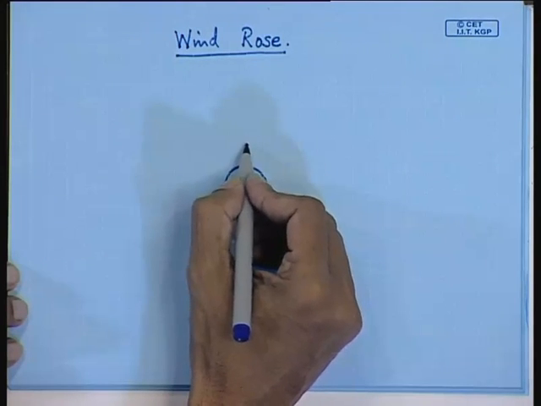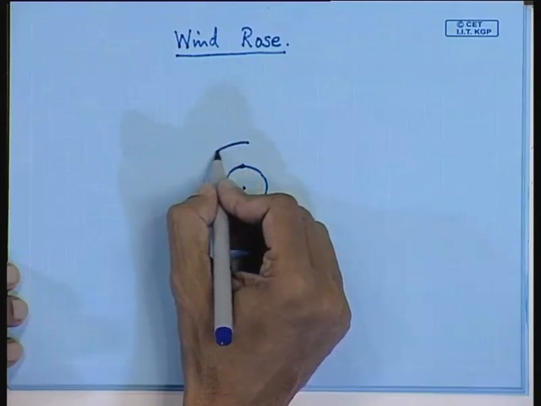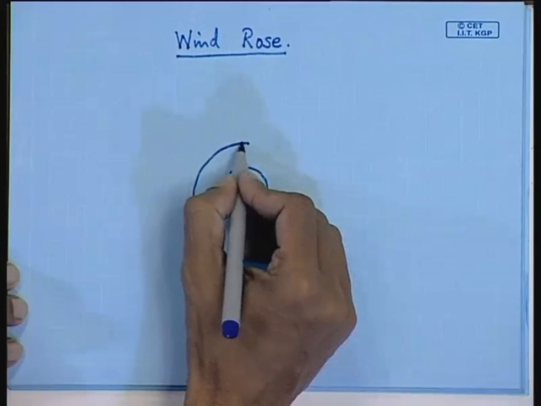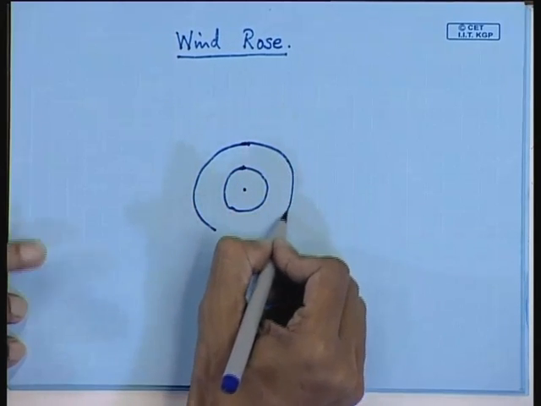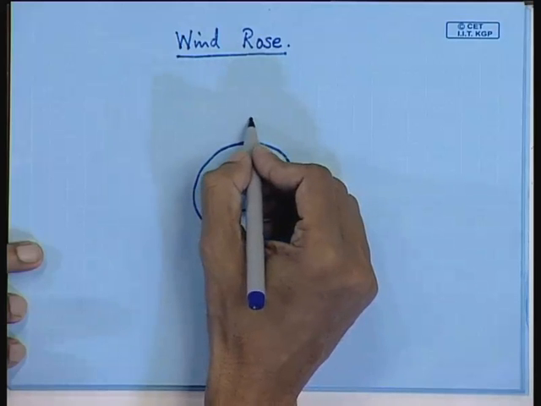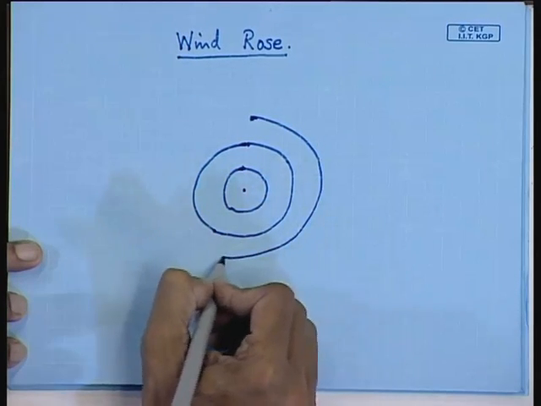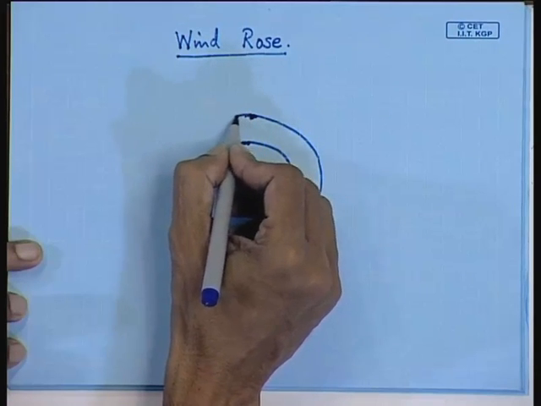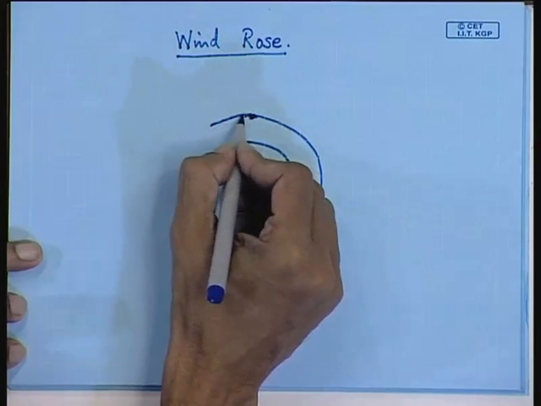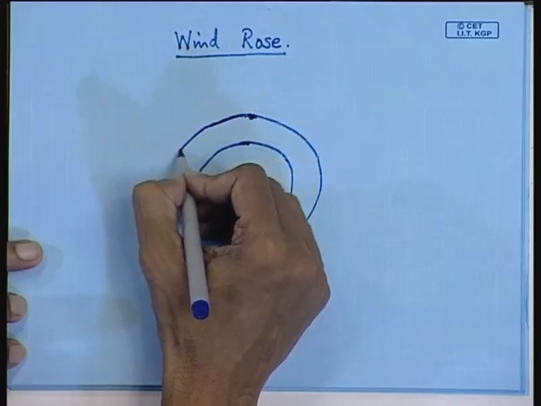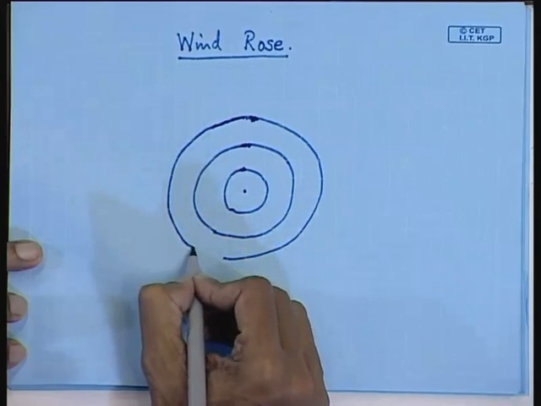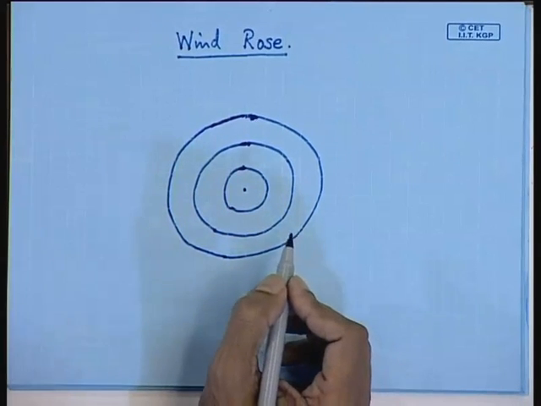It actually gives you the percentage of the year the wind is blowing in a particular direction.